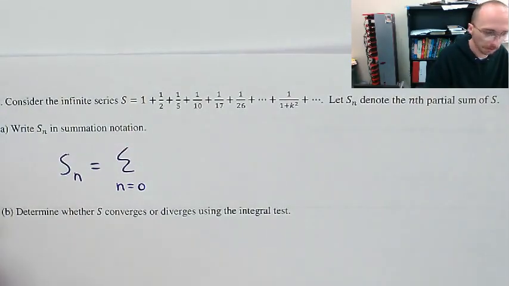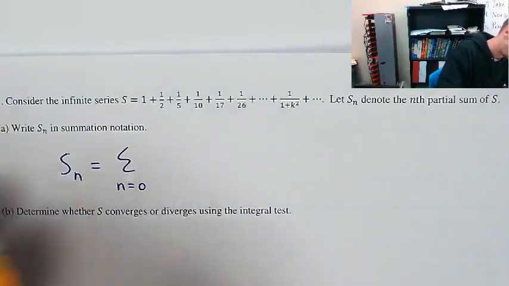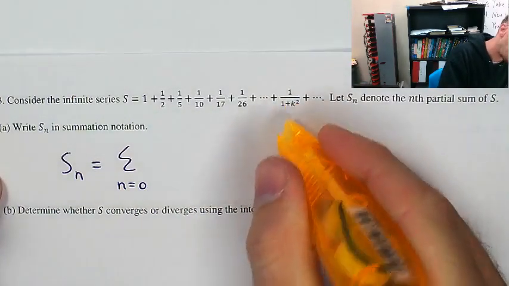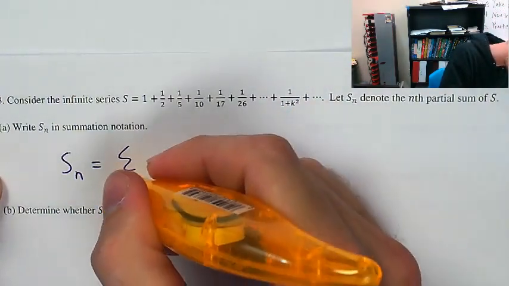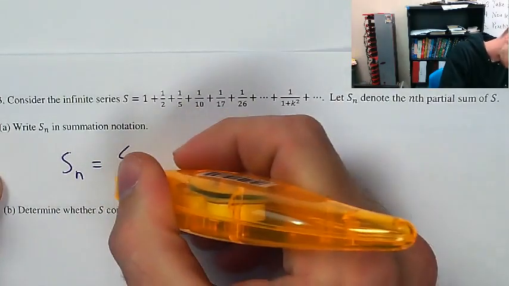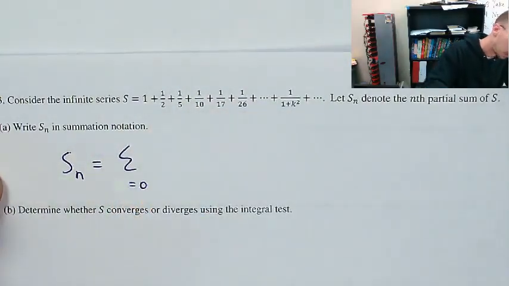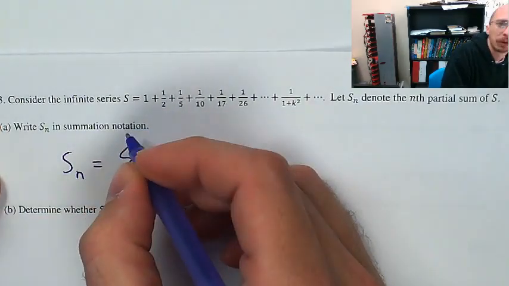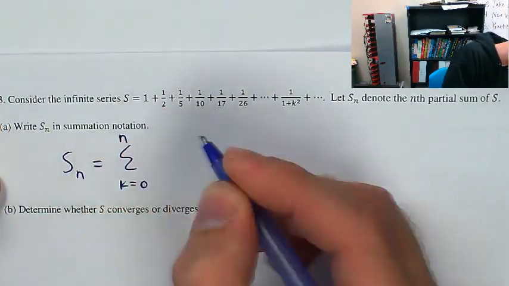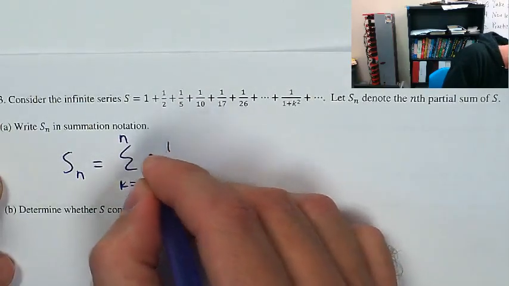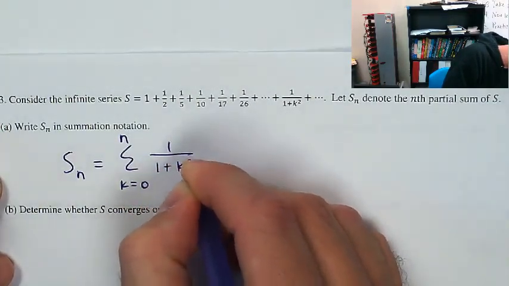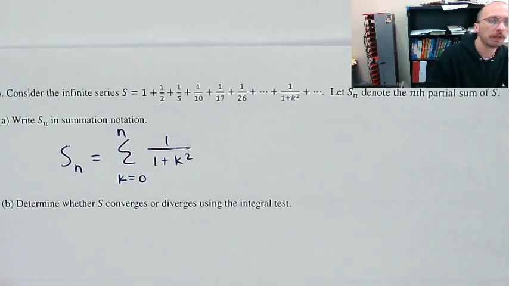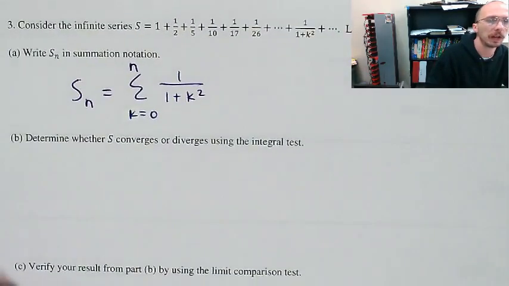So I'm going to need a different indexing variable, and I'll say k. They were already using k as the indexing variable, so cool. So k is the index, just a stand-in, and n is how far we're going, of 1 over 1 plus k squared. And then we're going to determine whether S converges or diverges using the integral test.